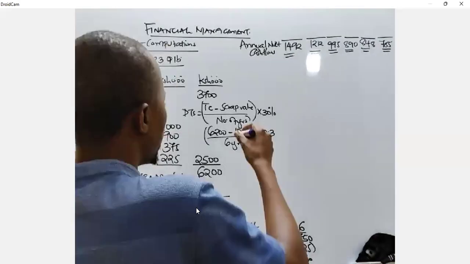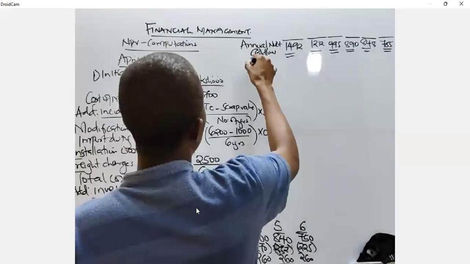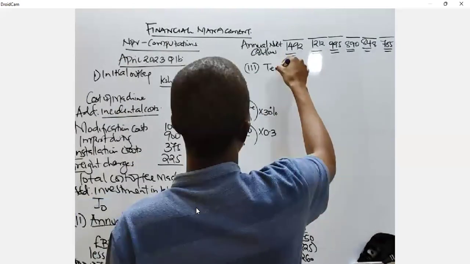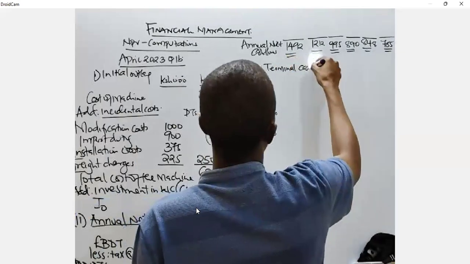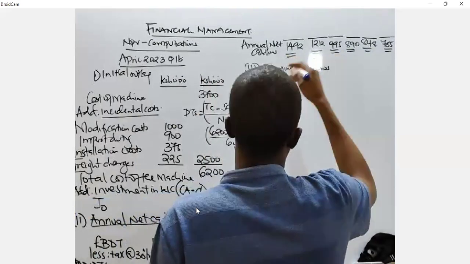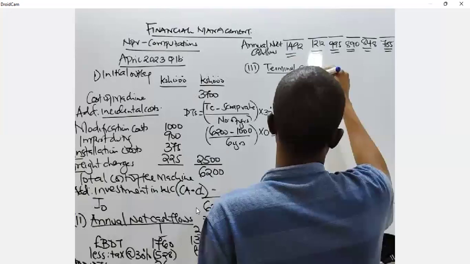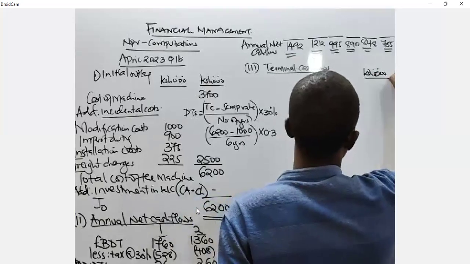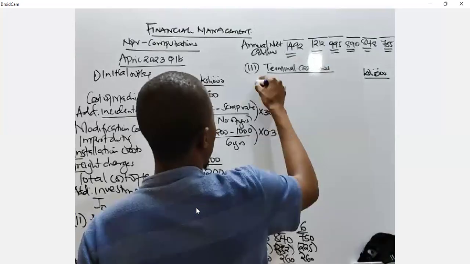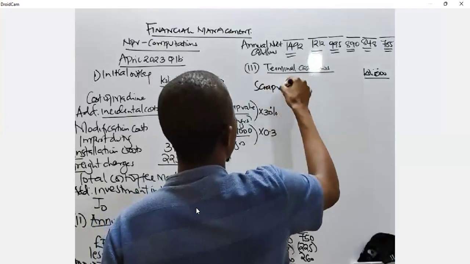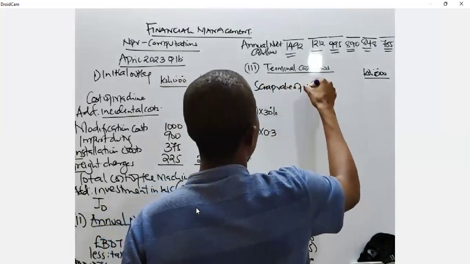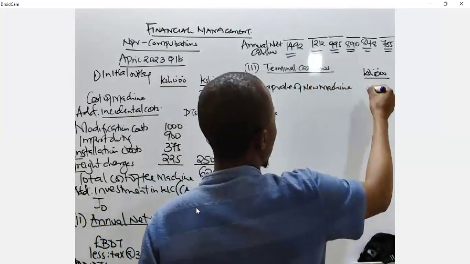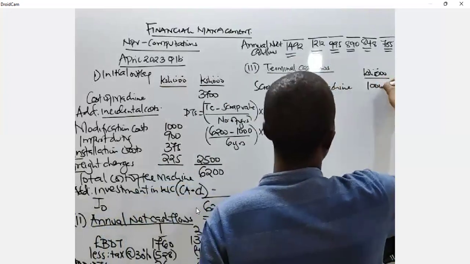Now, step number 3 is about getting the terminal cash flows. How do we normally get our terminal cash flows? I'm going to have a column here for Kenya shillings in thousands of shillings. So we normally take the scrap value of the new machine. In our case, I can see the scrap value we had is 1,000.